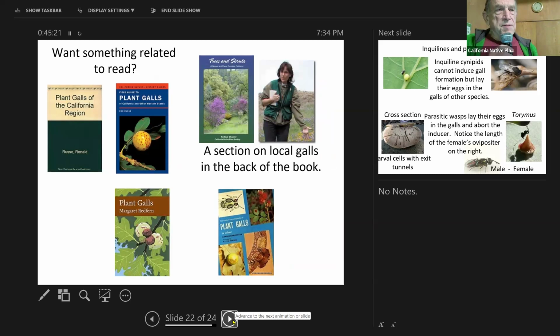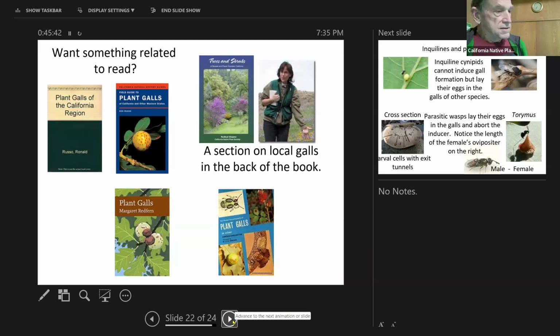Ron Russo used to work for the East Bay Parks and Recreation District, and he loved photography. He loved the outdoors, and he was quite fascinated with plant galls. So he put together the field guide to plant galls of California and Western states. And the University of California published a version of it.